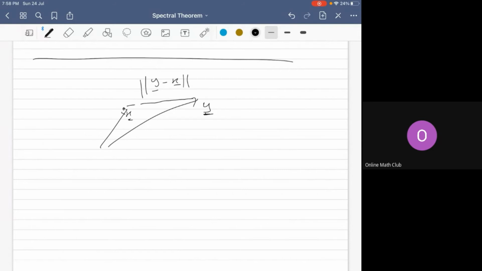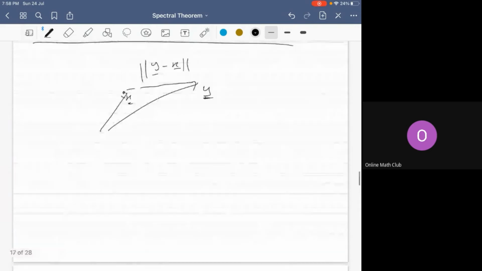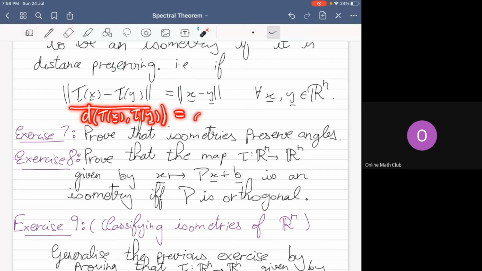So isometry would mean that the distance between tau of x and tau of y is equal to the distance between x and y.